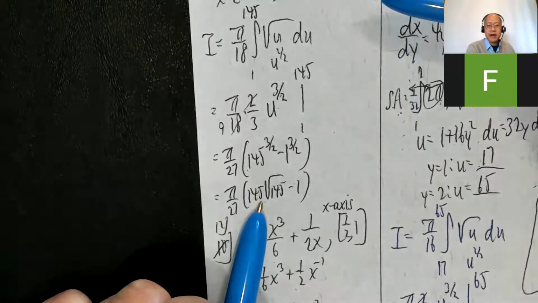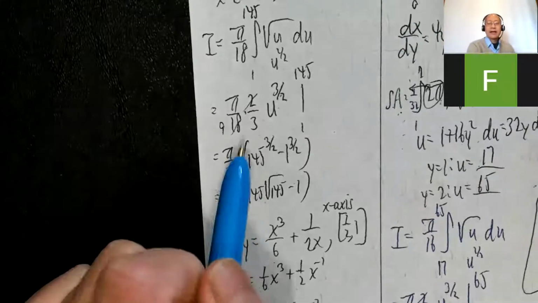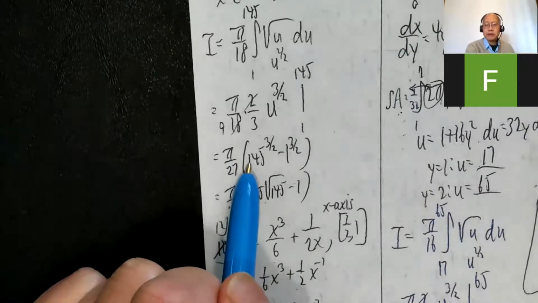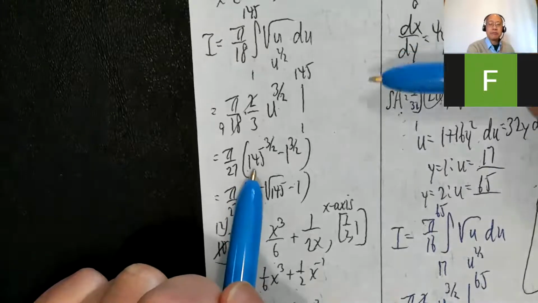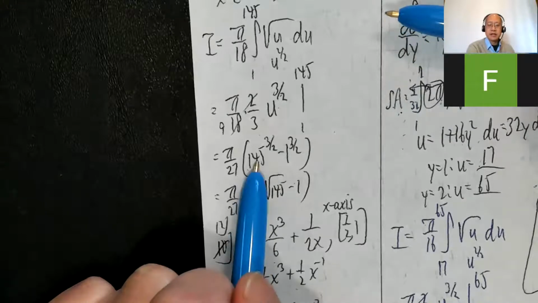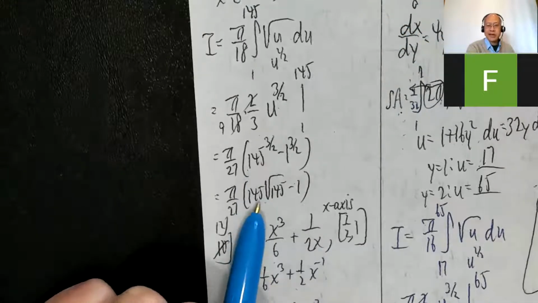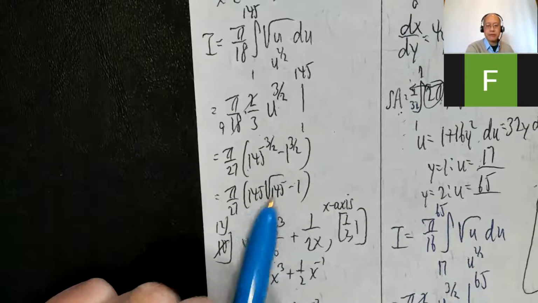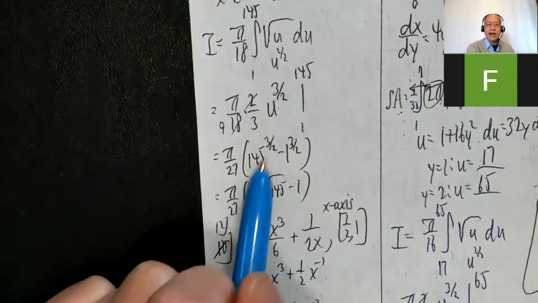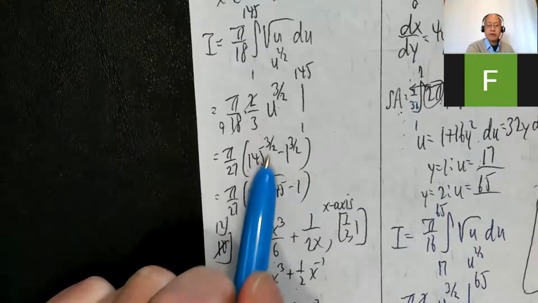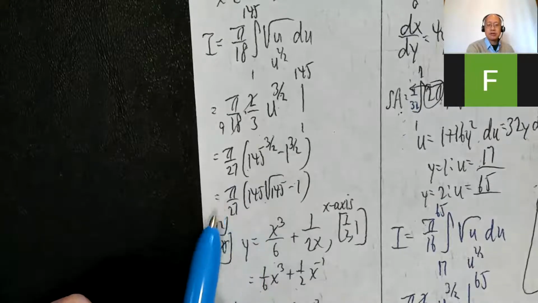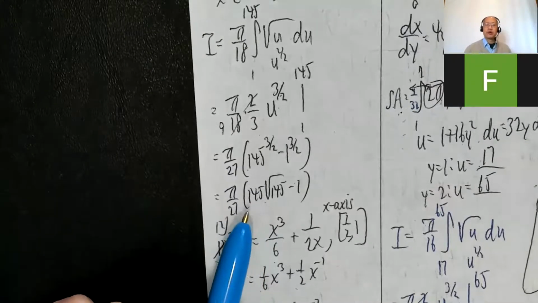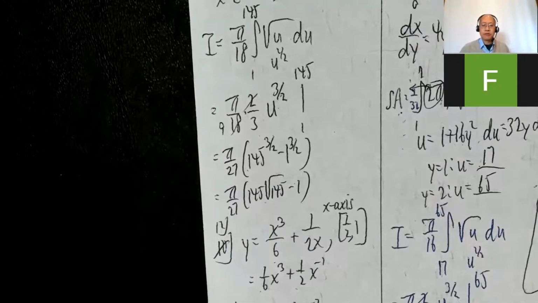If you ask a typical person off the street who hasn't had a whole lot of math, they would much more likely understand this than that. They'd say, oh yeah, I remember something about square roots and you multiply by 145. But many more people are less inclined to understand what that was all about compared to this. So here's my final answer, pi over 27, 145 radical 145 minus 1.